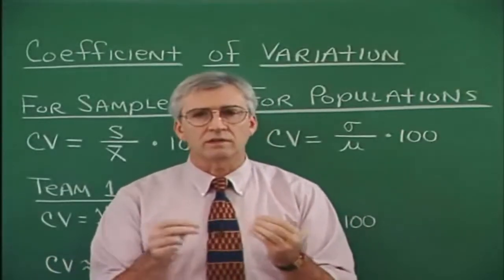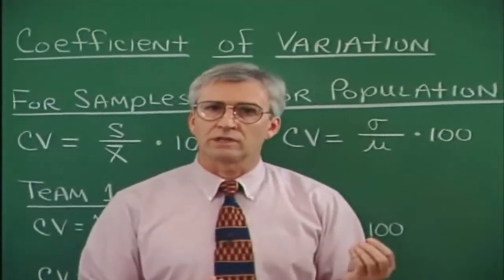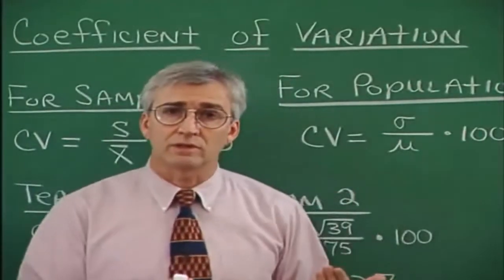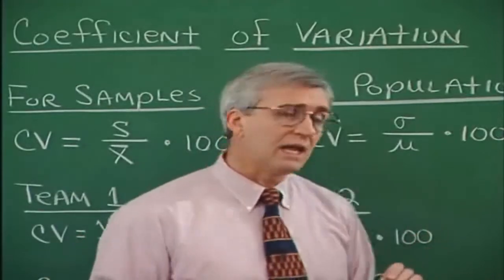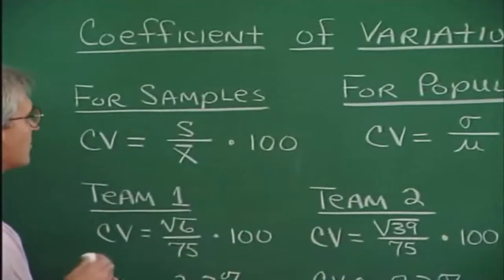When we were talking in the previous example about the two basketball teams, we were talking about some number of inches. So a unit of measure is associated with the standard deviation. And this takes the unit of measure out of play and kind of levels the playing field if we have a number of different things to compare.